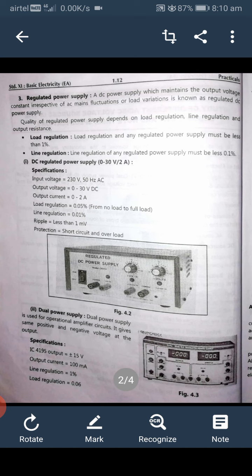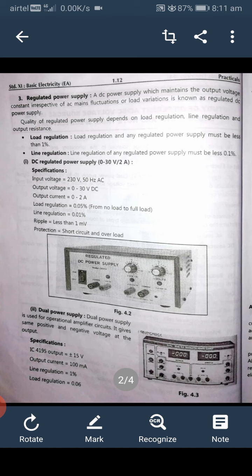Regulated power supply. A DC power supply which maintains the output voltage constant irrespective of AC mains fluctuation or load variation is known as a regulated DC power supply.